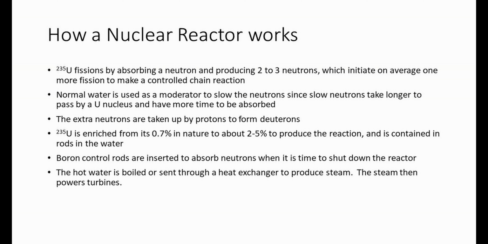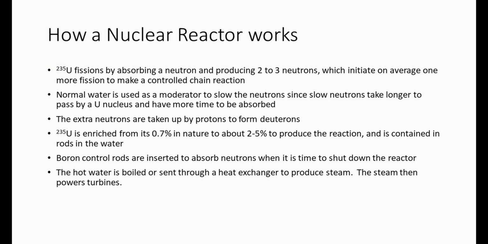Uranium-235 fission produces around 3 neutrons, and each of these can initiate more fission. That's how you get a chain reaction, and the system is set up so that if you feel it is getting uncontrolled, you can control it. In this, normal water, just H2O, is used as a moderator to slow the neutrons.